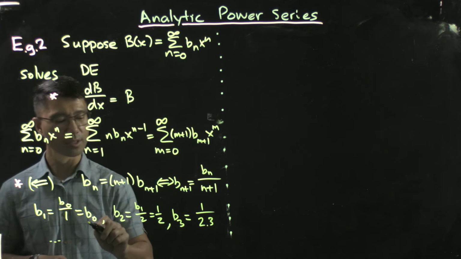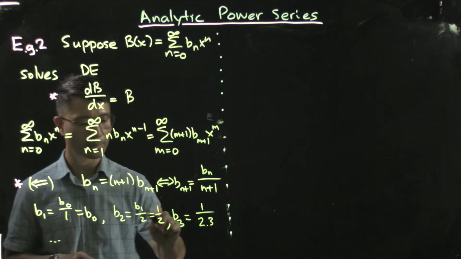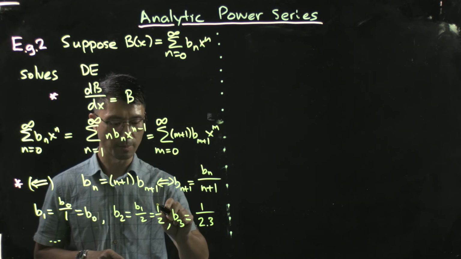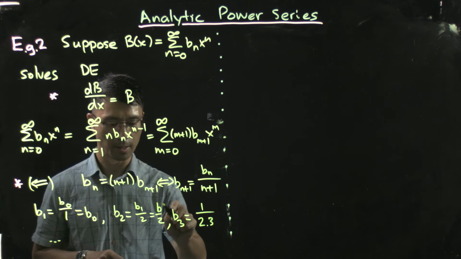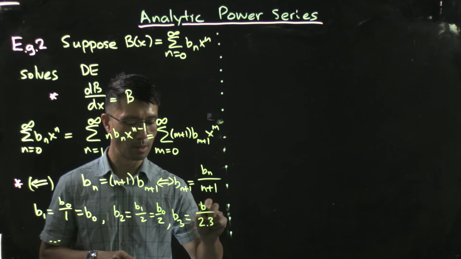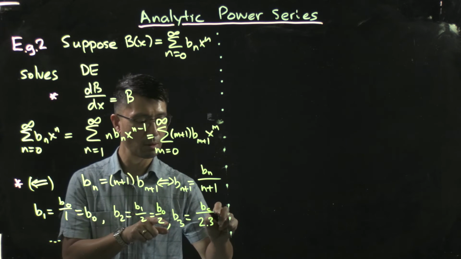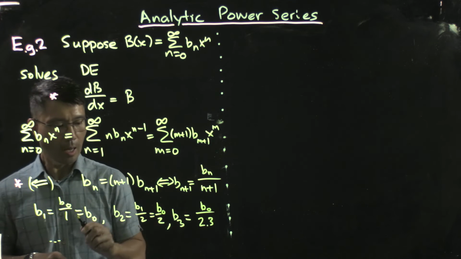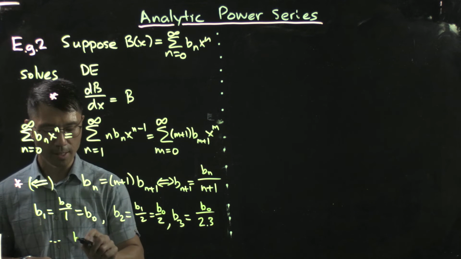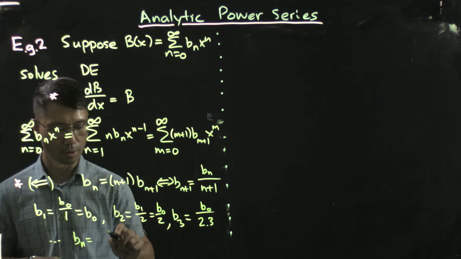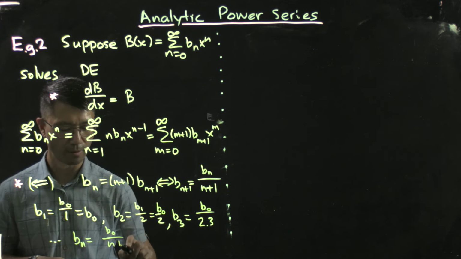If you continue, I hope you can see that b_n is equal to b0 on n factorial.